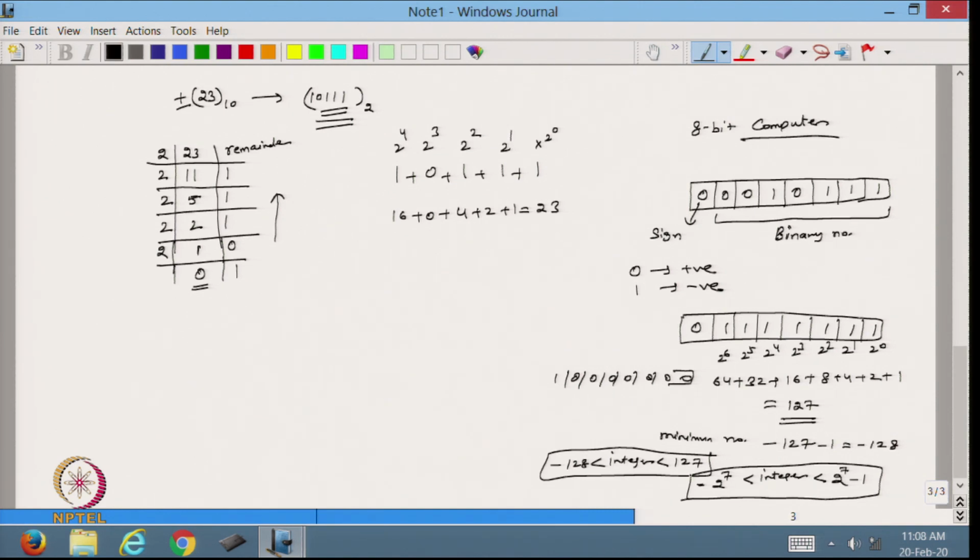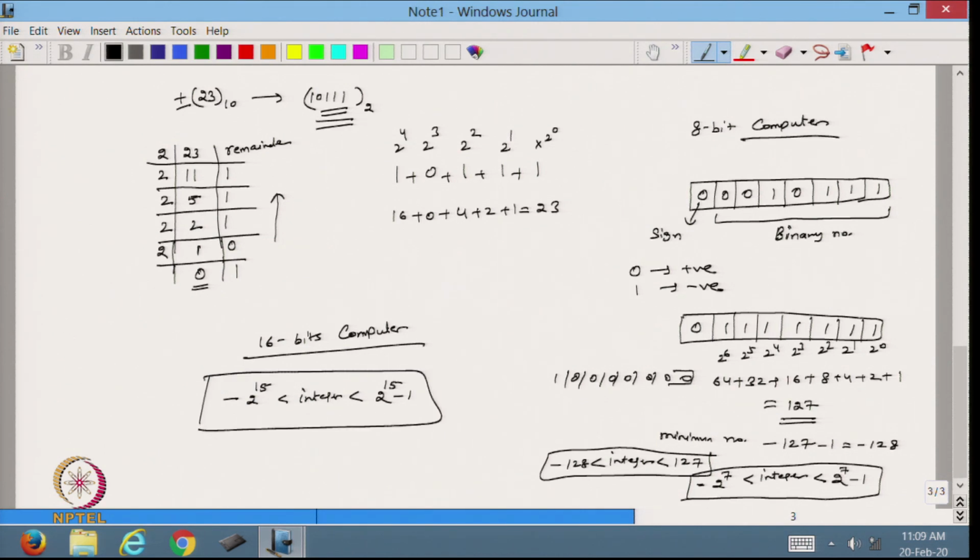Similarly, you can go up to 16 bit. So in the 16-bit computer, this integer range will go up to 2 raised to power 15 minus 1 and minus 2 raised to power 15. So that is the range we can define for the 16-bit computer. These days we are working with 32-bit or 64-bit computers.